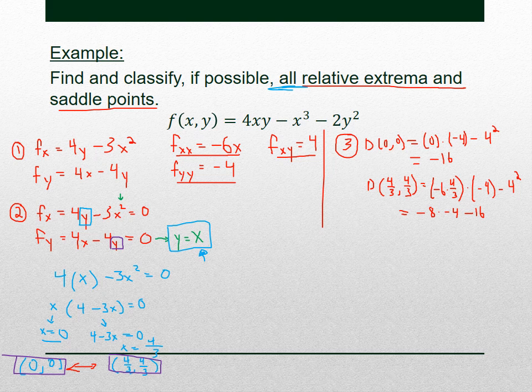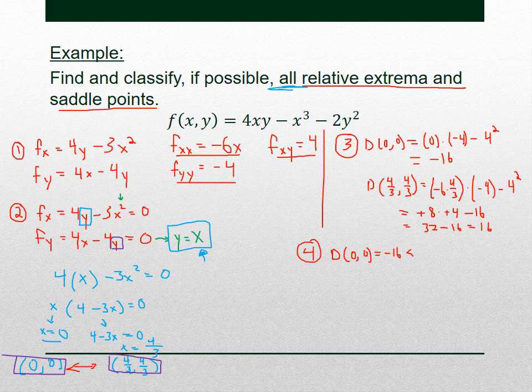We also need the d value for (4/3, 4/3). So again, go to fxx, which is minus 6 times x. So that would be minus 6 times 4/3. That's fxx. Plug in 4/3 for x. And then fyy, well, that's negative 4 all the time. And fxy is 4 all the time.